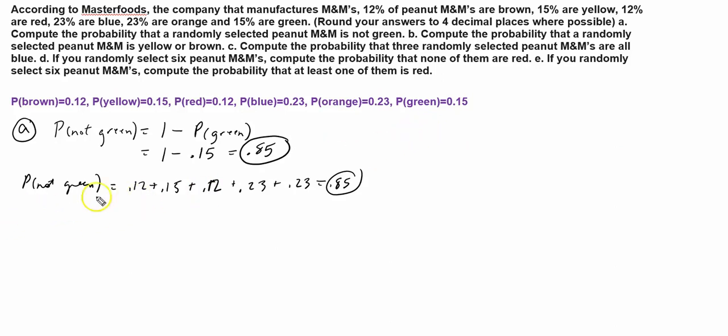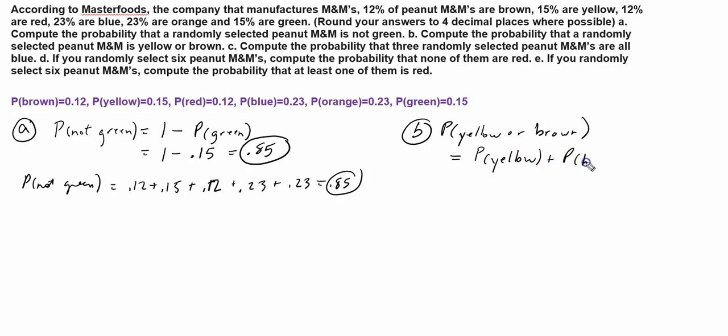Okay, so now let's look at part B. Compute the probability that a randomly selected peanut is yellow or brown. So the probability that you get yellow or brown, well, you can use the formula for the OR command, and it's the probability that you get yellow plus the probability of getting brown minus the probability of getting an M&M that's yellow and brown.